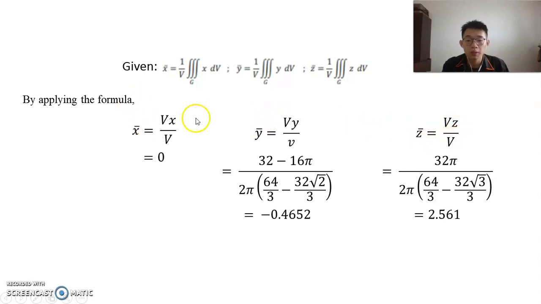So we just plug in the values we found just now, and we are going to obtain the centroid for solid G. For x bar, we're going to get 0. For y bar, we're going to get negative 0.4652. And lastly, for z bar, we are going to get 2.561. So this will be the centroid coordinates for solid G.